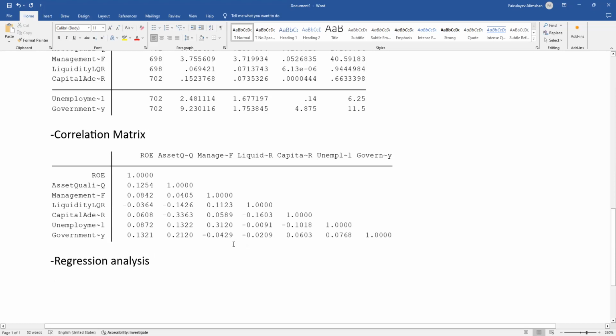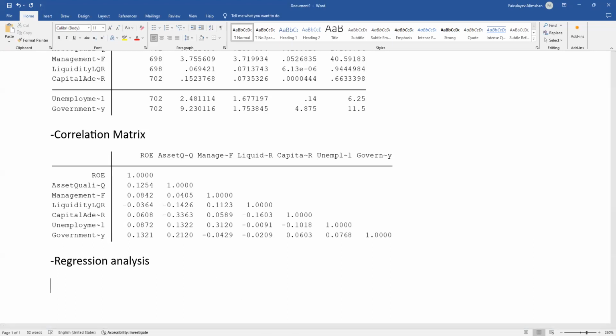So we can see that there is no sign of multicollinearity, regardless of the sign, whether positive or negative. The highest correlation is between asset quality and capital adequacy. Apart from that, the variance inflation factor supported our results, saying that there is no multicollinearity.